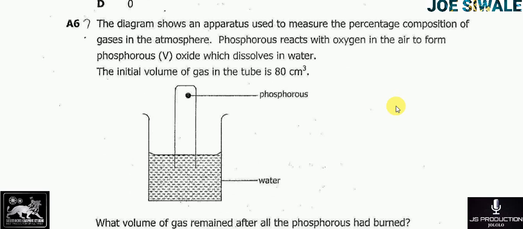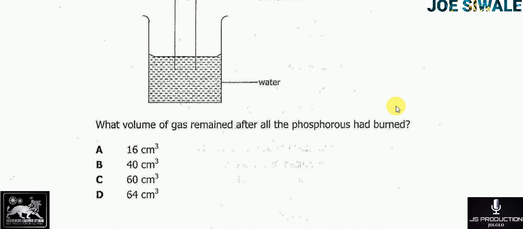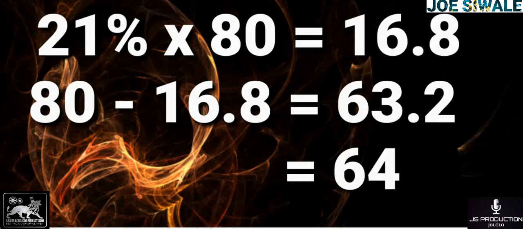So I know that the percentage of oxygen in the air is 21%. So I would say 21% multiplied by 80, I'm having 16.8 cubic centimeters. So to find the volume of the gas that remained, I would say 80 minus 16.8.